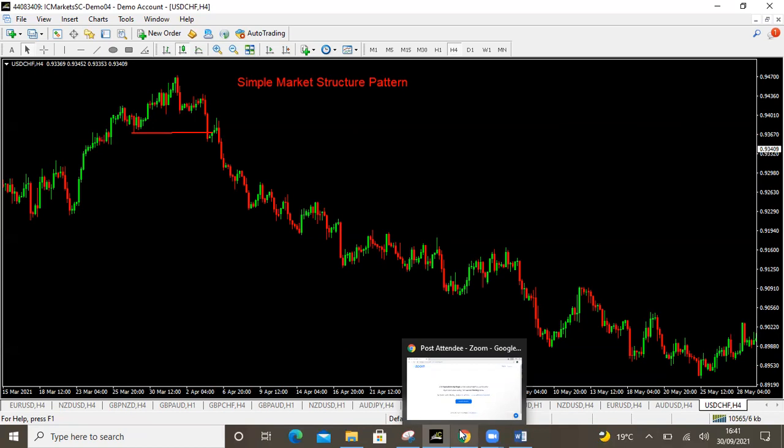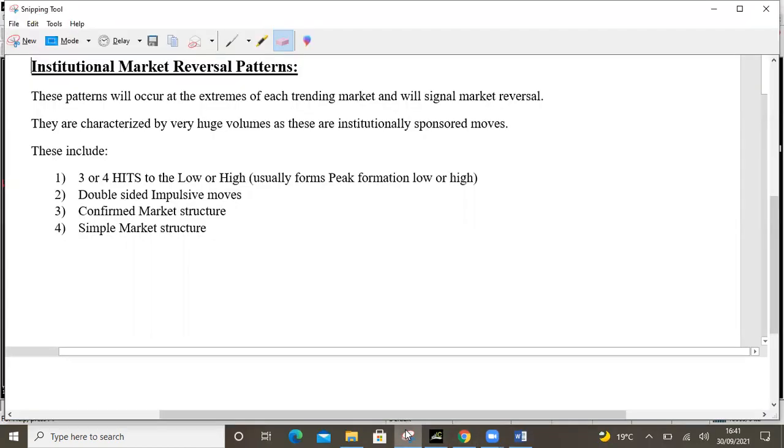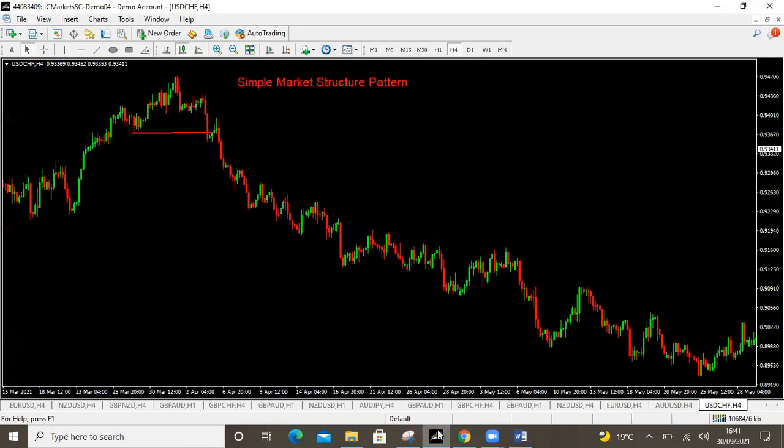Yeah, I know when there's the retest, when we're doing the away from peak kind of situation, you're going to see the 3 hits to the high, but it's not as common. So if you spot them now, be on the lookout for a reversal. So that is it.